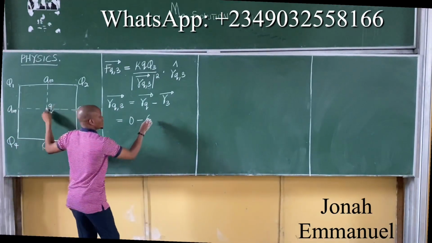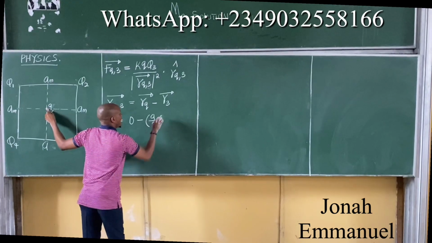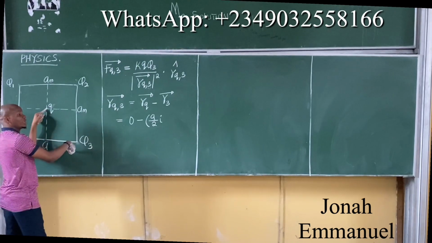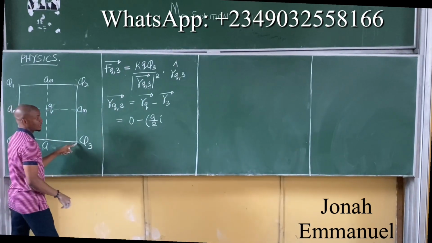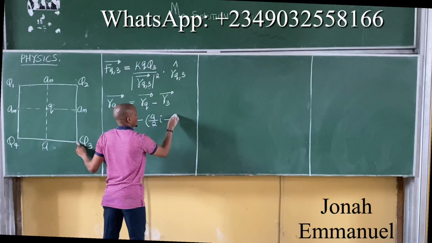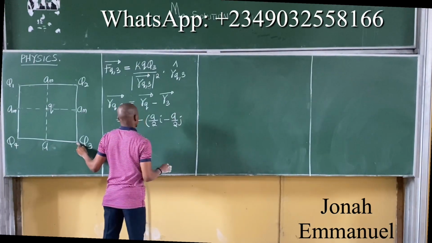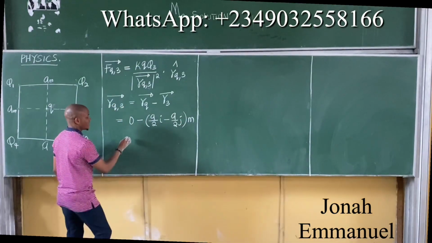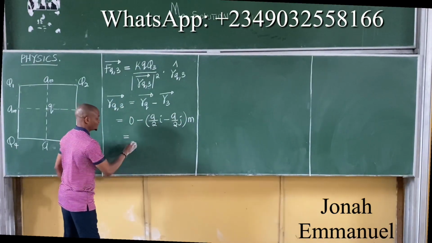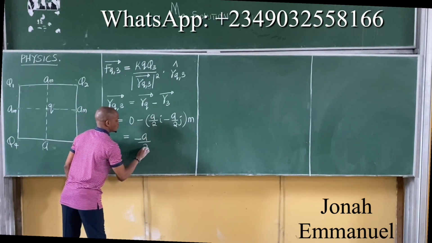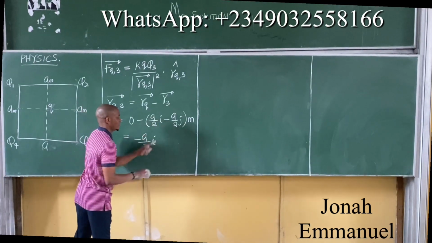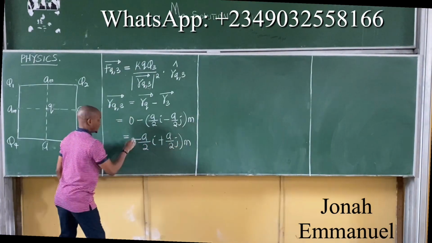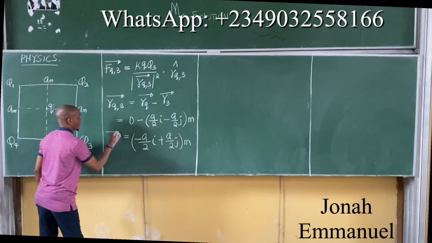So it becomes a over 2 i. That's from here to there. Next up, it's coming down this way. That's the negative of j. That becomes minus a over 2 j. This one here, of course, all in meters. So I have this. What this is now equal to, minus comes here. Minus a over 2 i minus minus plus a over 2 j, all in meters. This gives you RQ3.